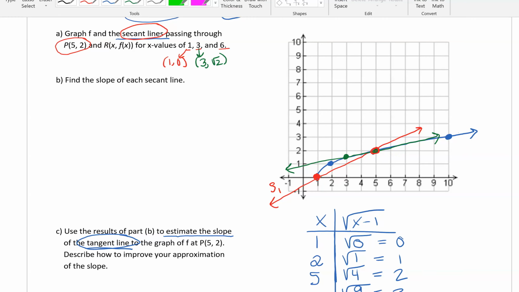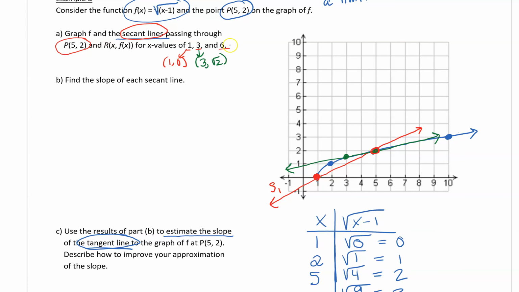And then it wants us to pick a point on the right side over here at 6. Now if I were to plug 6 into this equation, I'd have 6 minus 1, which is 5. So that would be the point at 6, square root 5, which is right there, and then 5, 2. And then that line goes like that, so it's even less steep than the line at 3, rad 2.